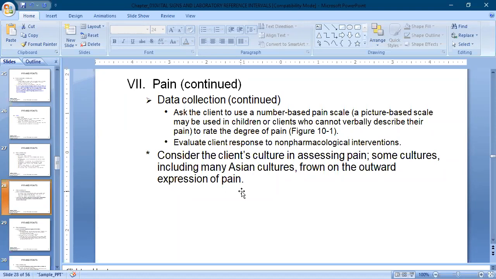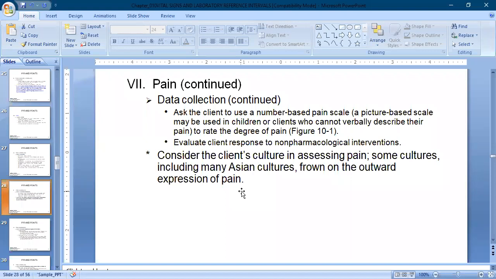Sometimes pain is relieved when the patient changes position, or because of rest or relaxation technique, or if you give analgesia as per the healthcare provider's prescription, the pain reduces.